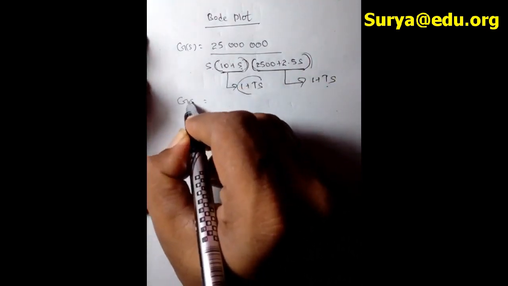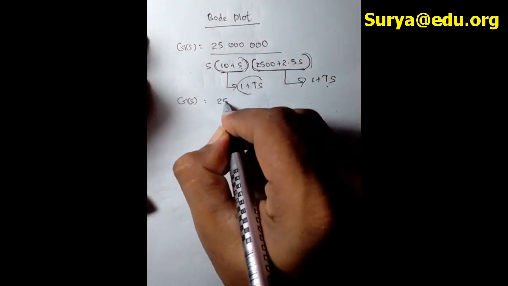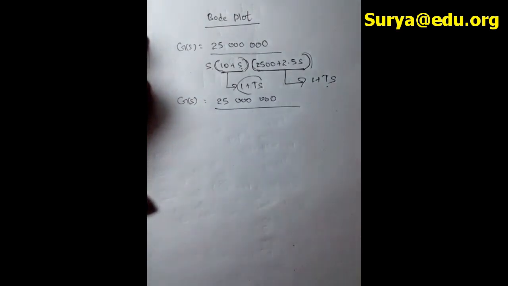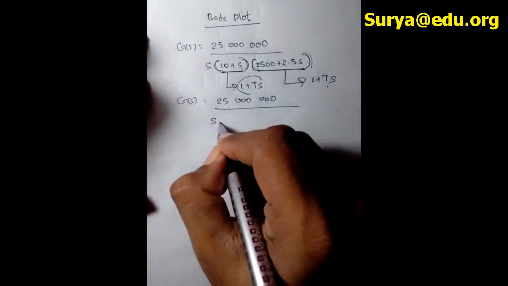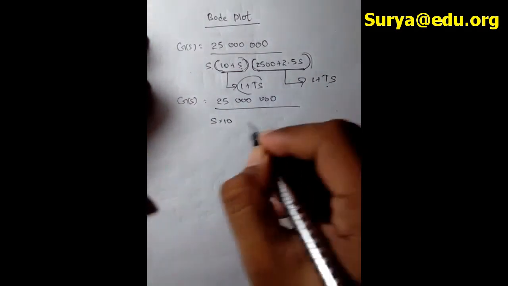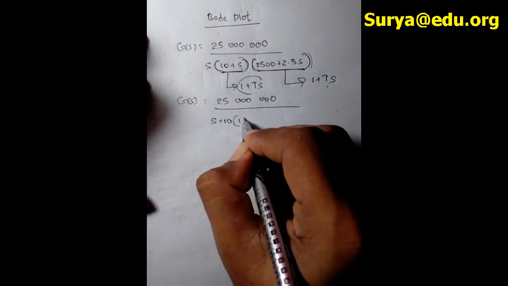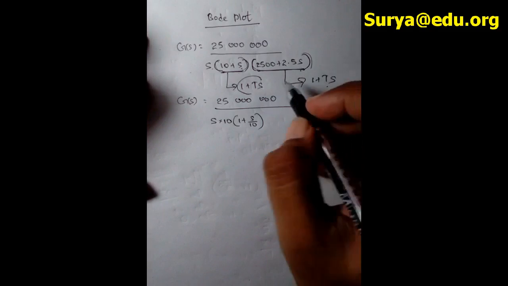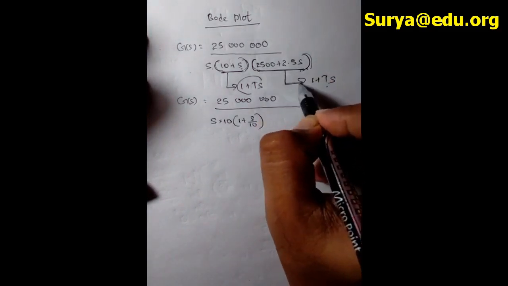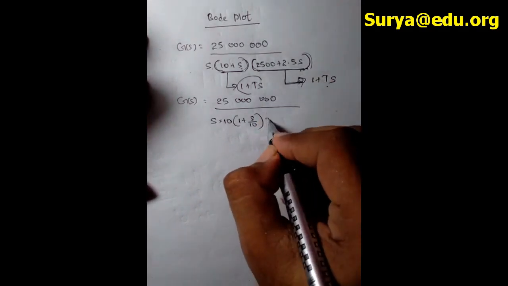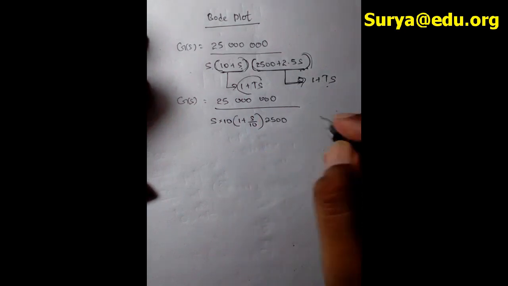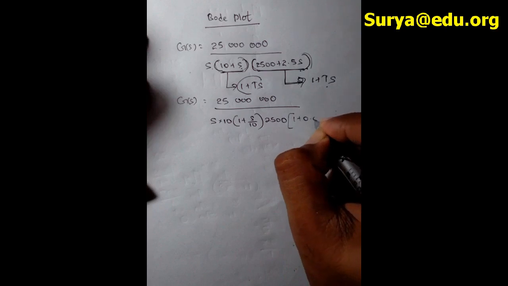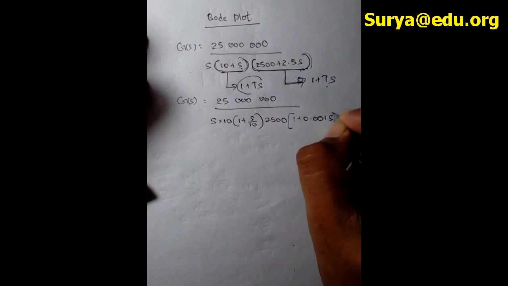Like that, G(s) equals 25 million divided by s times, I told you to take 10 out as a factor, so this will become (1 plus s divided by 10). And here also, in order to have this in the format of 1 plus ts, you can take this 2500 out, and then it will become (1 plus 0.001s).